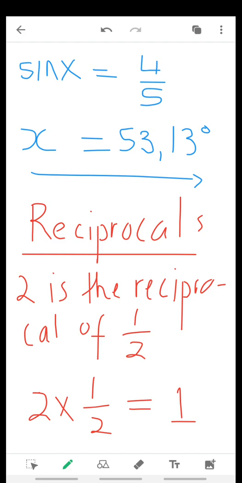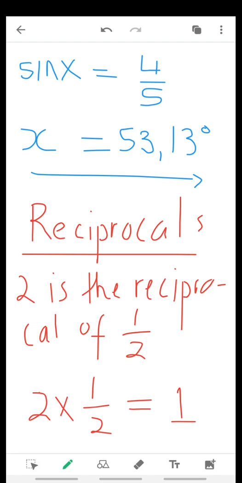Its reciprocal will be a number that will multiply with 1 over 2 and give us 1. So 1 over 2 times what? Times 2 gives us 1, meaning the reciprocal of 1 over 2 will be 2.